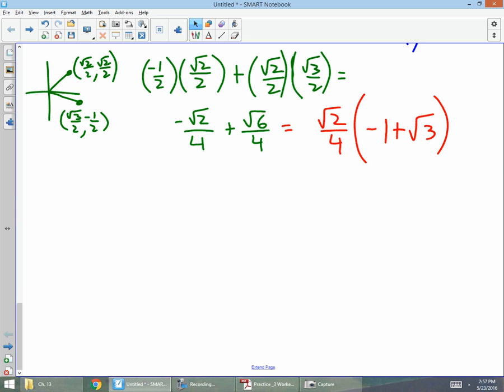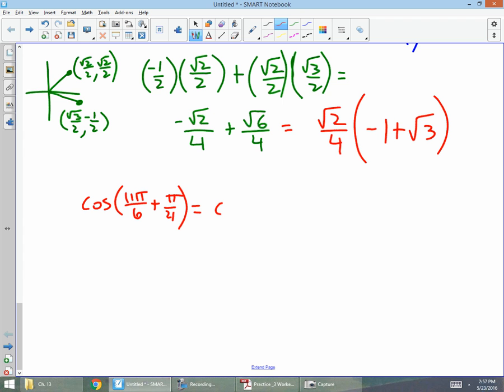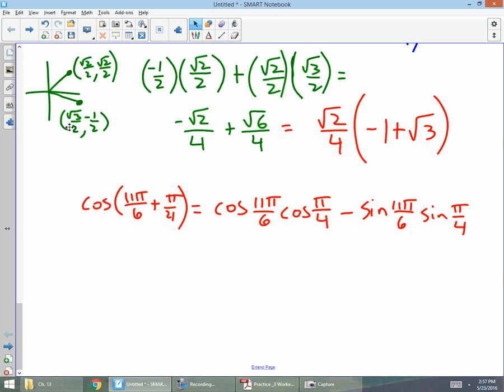All right, cosine. Cosine of 11 pi over 6 plus pi over 4 is going to be cosine of u, which is 11 pi over 6, cosine of v, minus the sine of 11 pi over 6 sine of pi over 4.